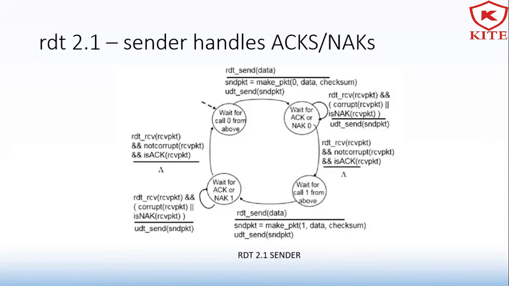Now we add sequence number 1 in the transmission, and send the packet to the underlying channel. Here the sequence number is 1, and it waits for the acknowledgement or negative acknowledgement. If the packet is received, not corrupted and a proper acknowledgement, then no action is taken and the state changes back to the initial state.